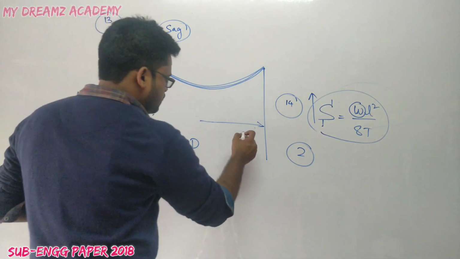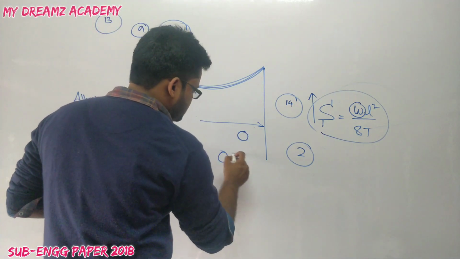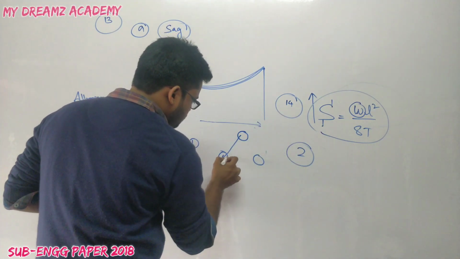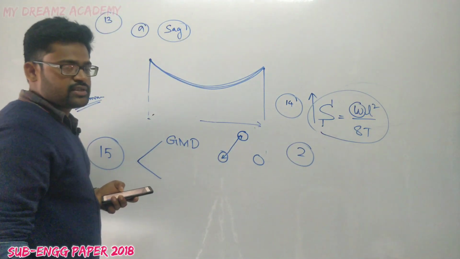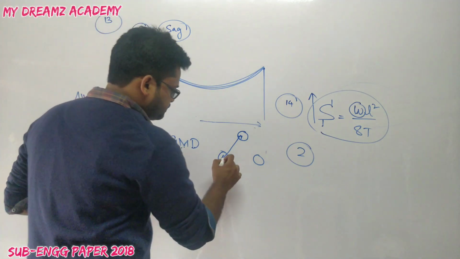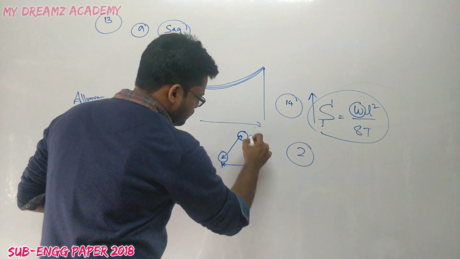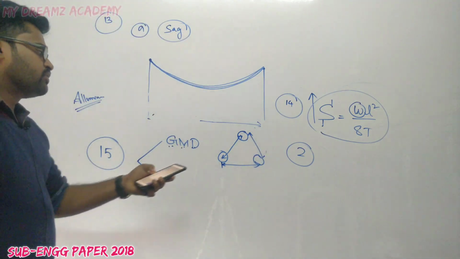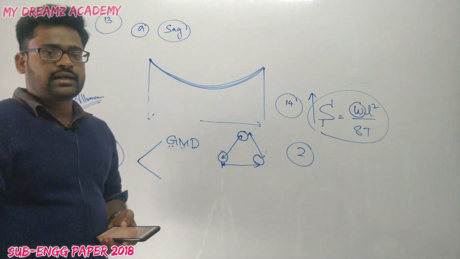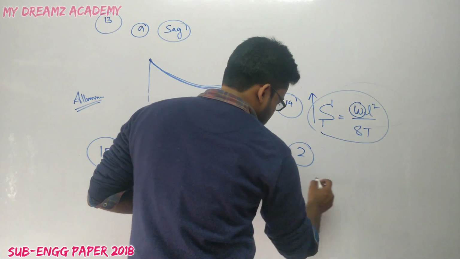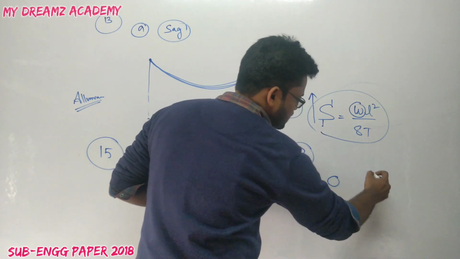Take three phases; the distance between one phase and another phase is called GMD. GMD is the same if the conductors are connected in a triangular shape. If the conductors are connected in a horizontal shape, the GMD will change.